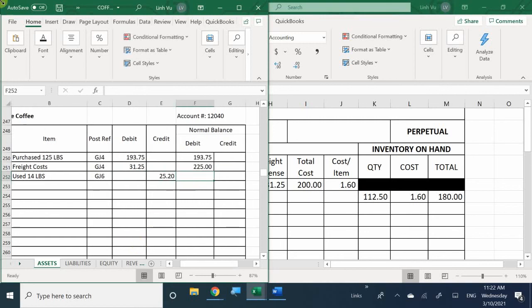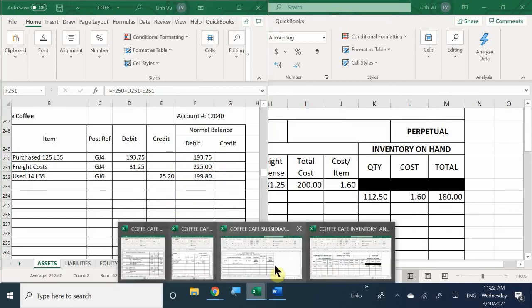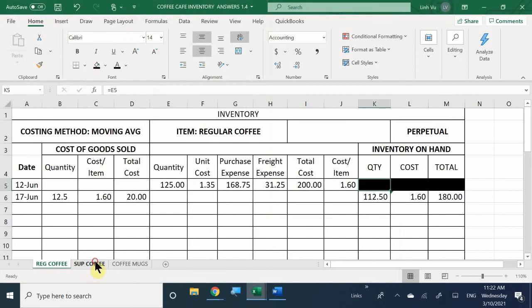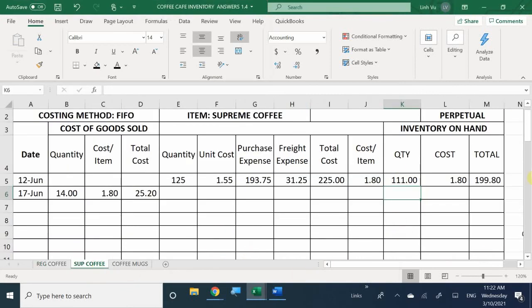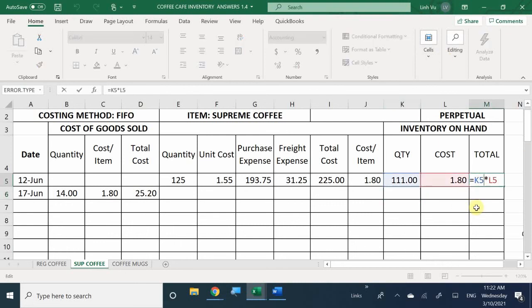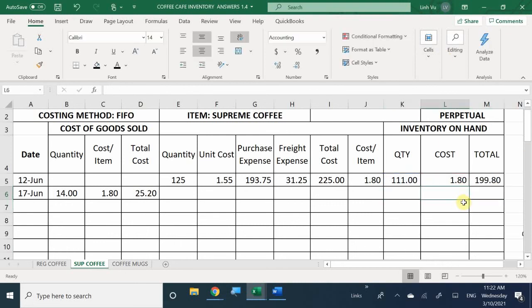So therefore, your balance should be $199.80, which indeed does match your inventory worksheet, right? We should have $199.80 left. All right, everyone good so far? Yes. Okay.